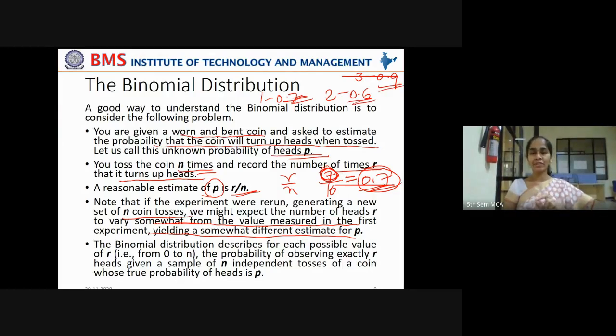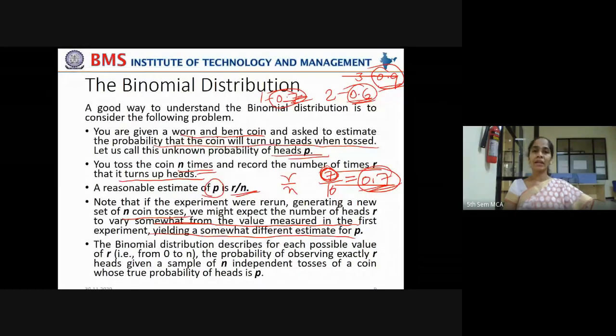The event you are interested in is only heads. For that, you got a different probability in the first experiment, the second experiment, and the third experiment. The sample's outcome is not the same. In the same way, we are trying to explain the sample errors also. The sample errors will not be the same across all the samples.